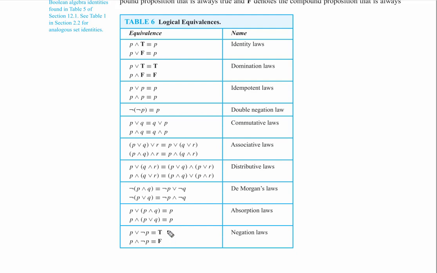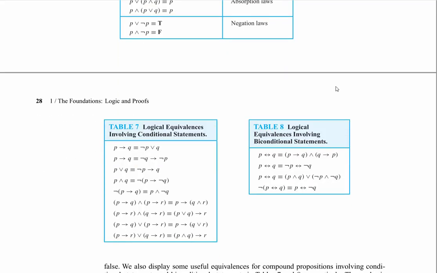And we saw these two at the start. Some more here. We saw this one. So P implies Q is equivalent to not P or Q.